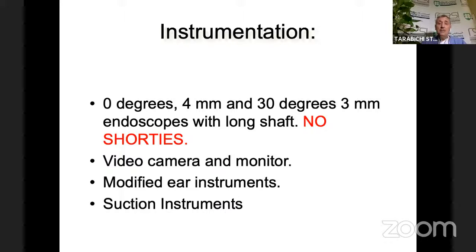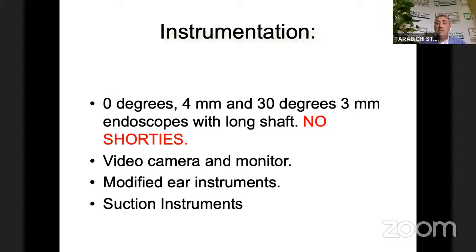But if you are using a 30-degree, you cannot use a 4mm 30-degree endoscope, because you will not be able to advance it in enough to make the angle. So you need to have a 3mm 30-degree endoscope. Otherwise, you would be looking at the ear canal.